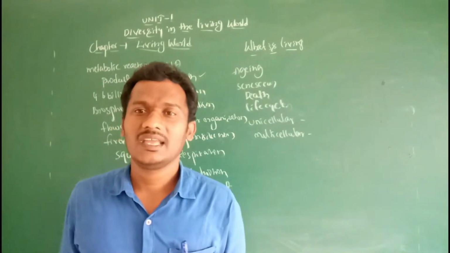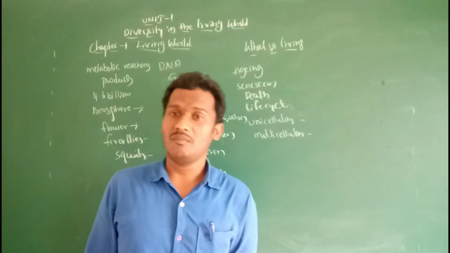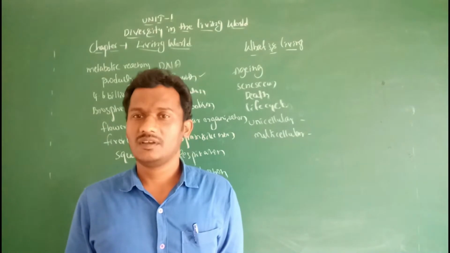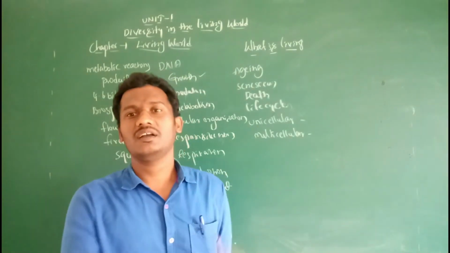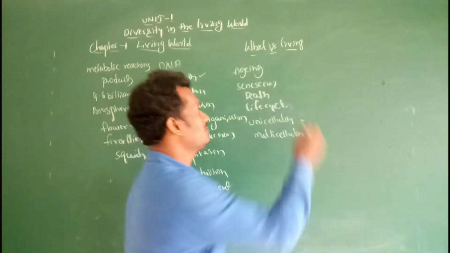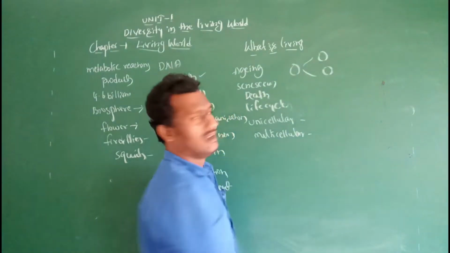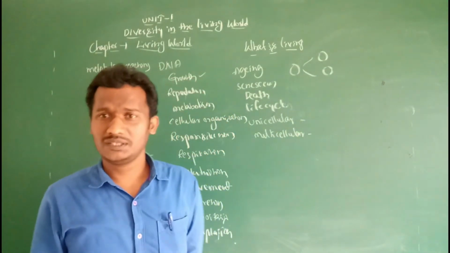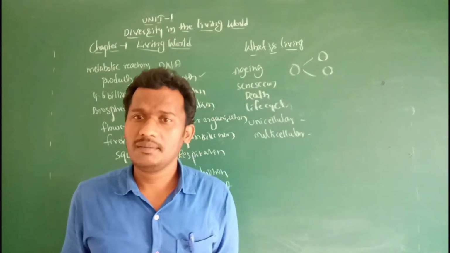A multicellular organism's body is composed of different types of cells, and all these cells work together to maintain a living condition. In unicellular organisms, growth is nothing but an increase in cell number. That means one cell divides to form two cells. It is also nothing but reproduction.